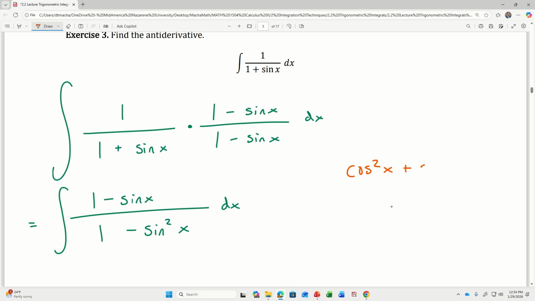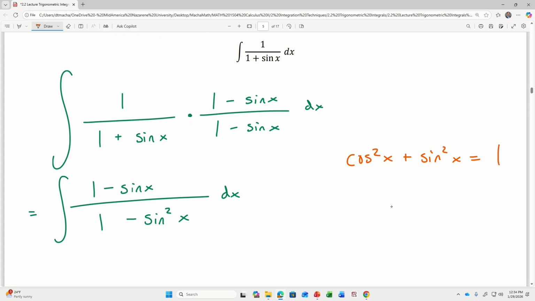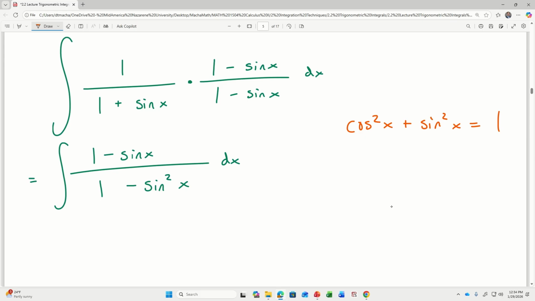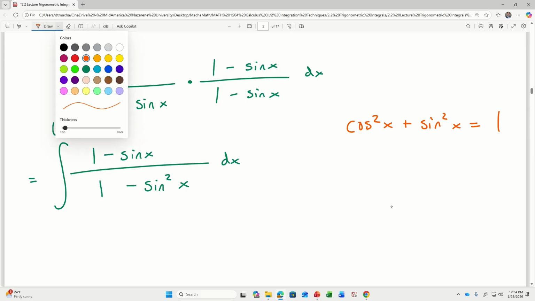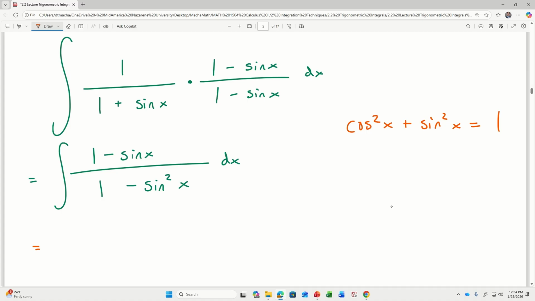It goes like cosine squared x plus sine squared x equals 1. So in the denominator, I could replace the denominator with what? Cosine squared.